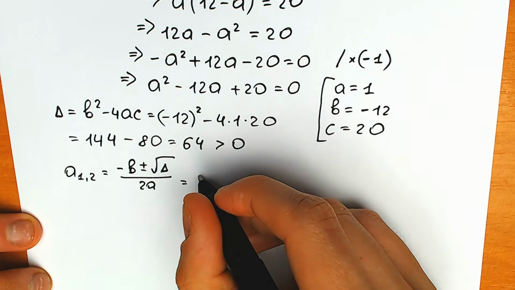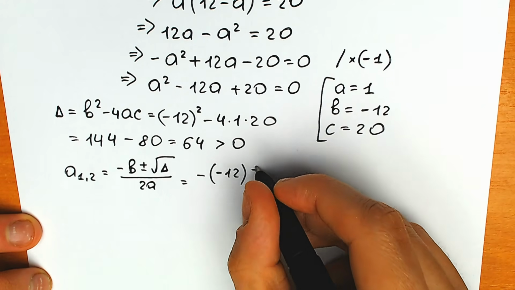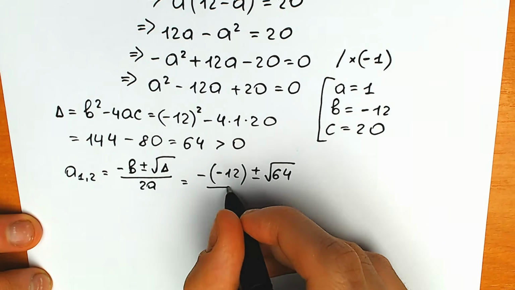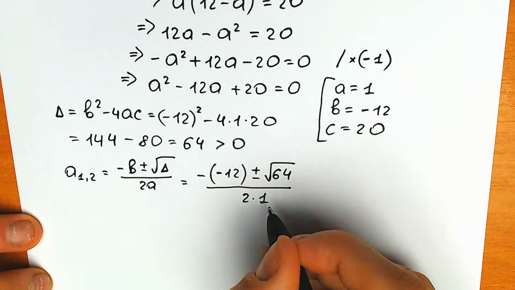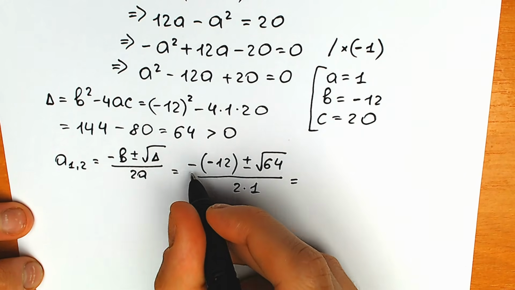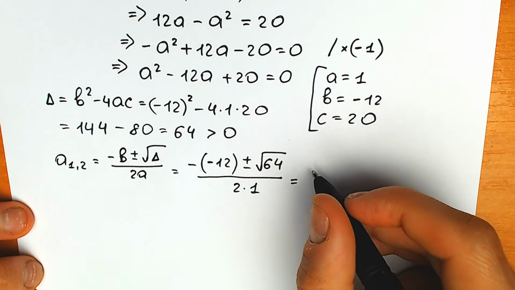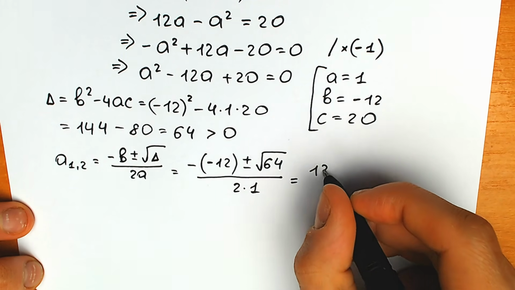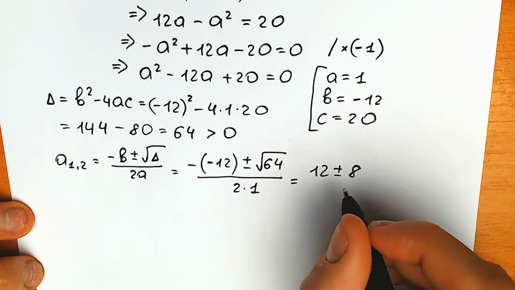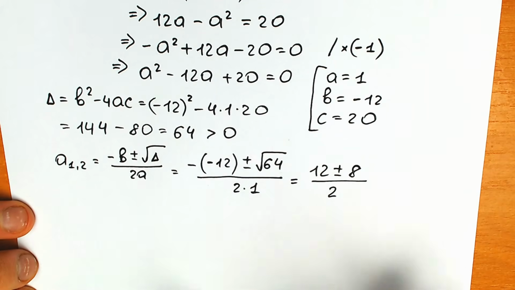So minus b equal to minus 12, plus minus the square root of 64, all over 2 times 1. Two negative signs, so minus times minus equal to plus. So we have 12 plus minus the square root of 64, which is 8, divided by 2 times 1.